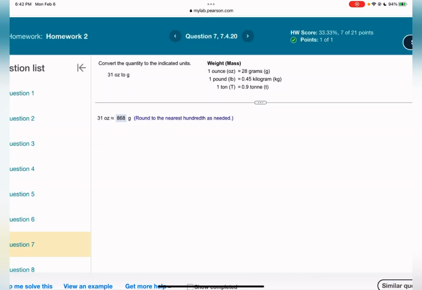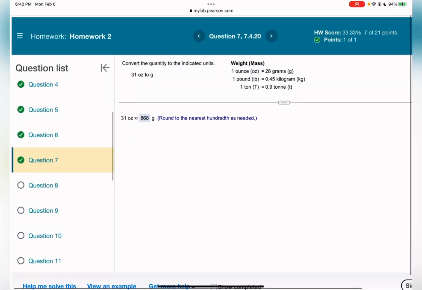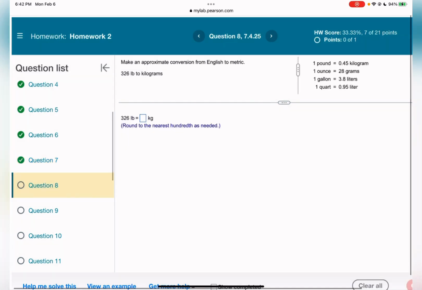Okay, fantastic. Moving to number 8. We need to convert 326 pounds to kilos.